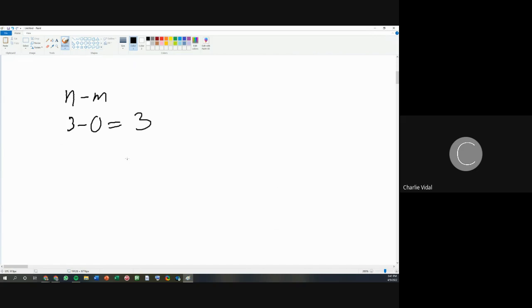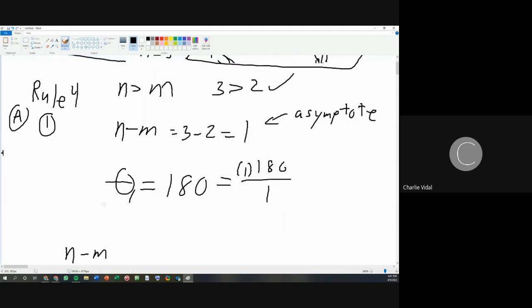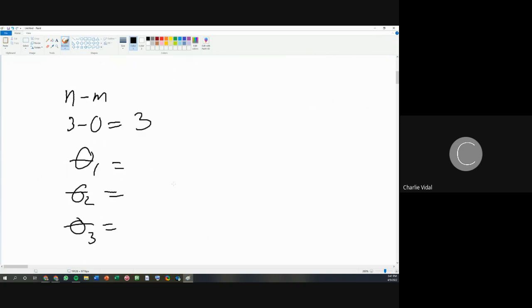You would have to find theta 1, theta 2, and theta 3. In the previous one, there was only 1, so you only find theta 1, which is very simple. But in this one, there's 3, so you find theta 1, theta 2, and theta 3.